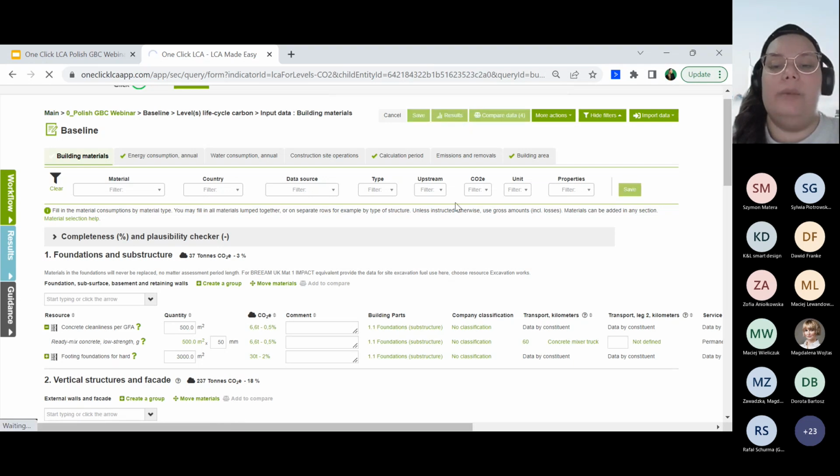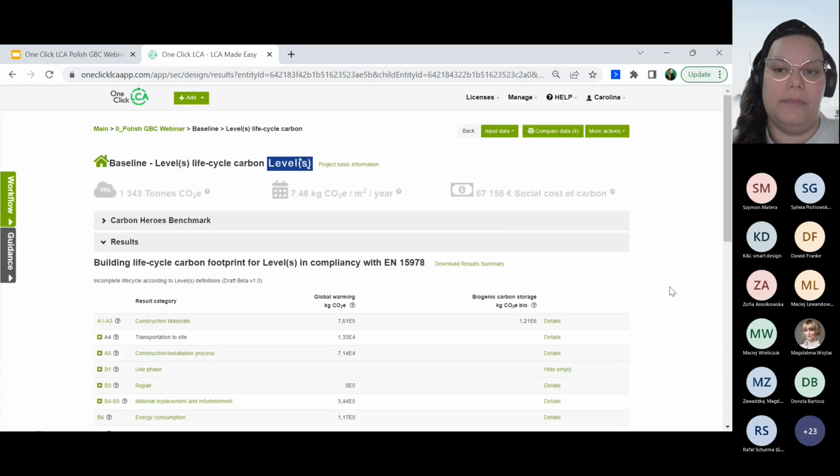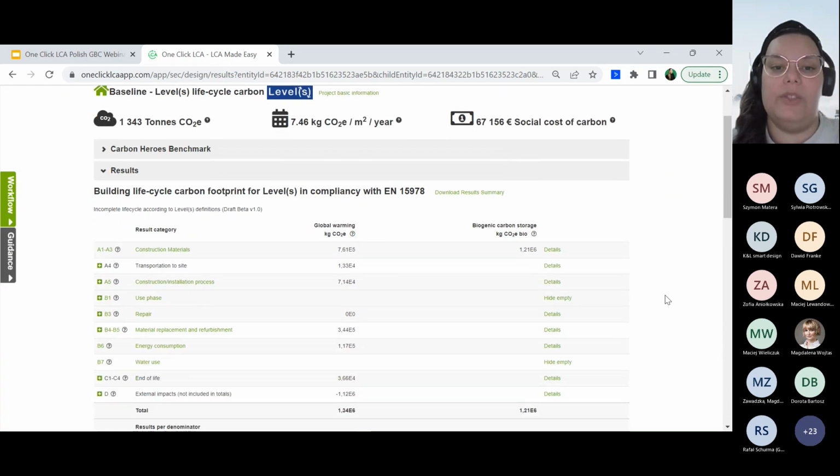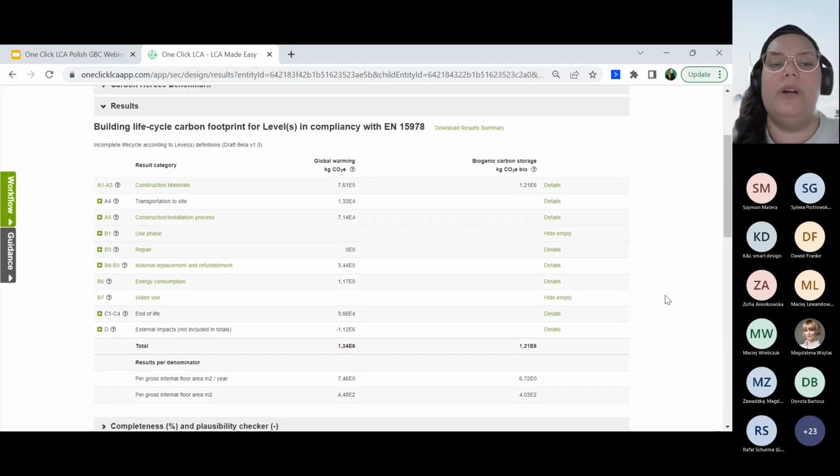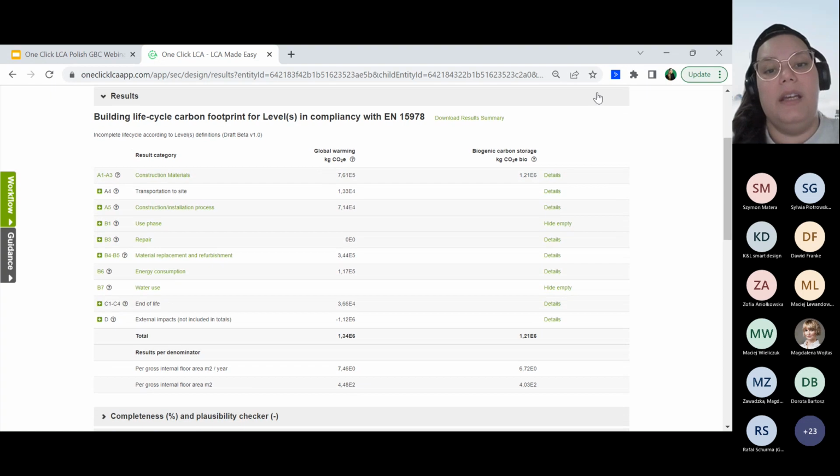Finally, we can have a look at the results. So here we have the results for carbon footprint. We see only global warming and biogenic carbon storage, but we see it through all the life cycle stages.